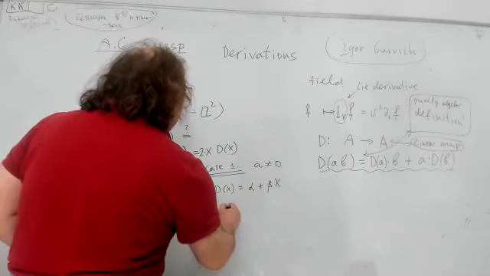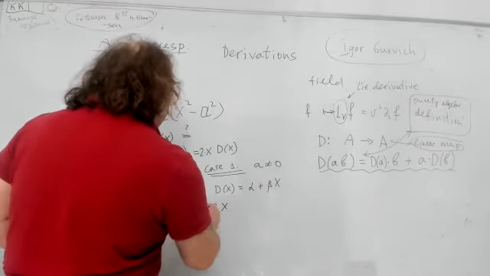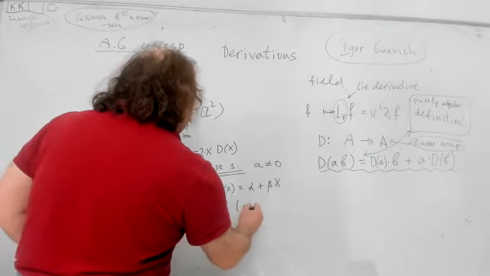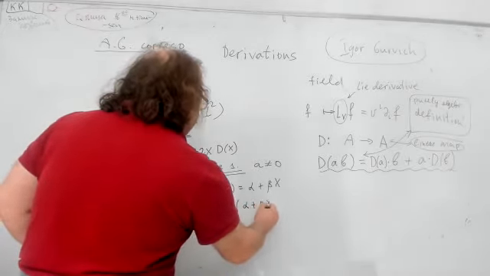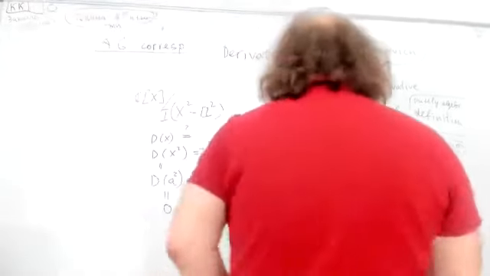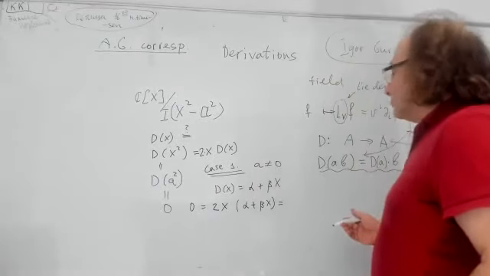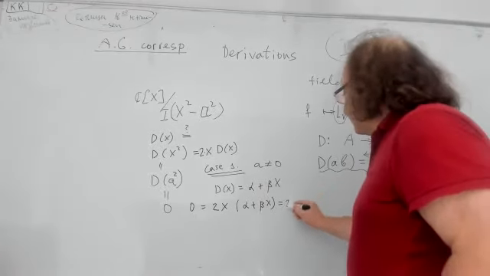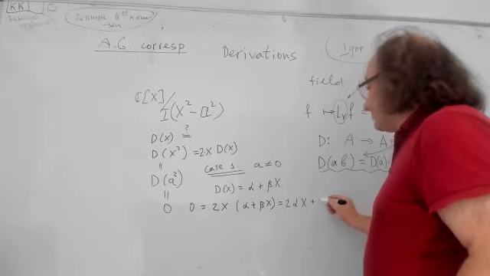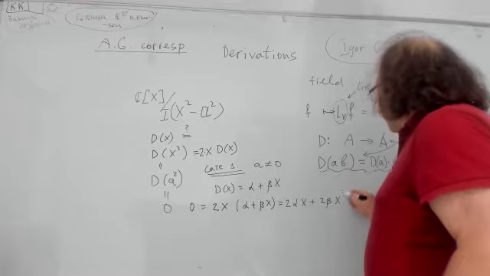And we will get that 0 should be equal to 2x times alpha plus beta x. So what can we conclude? It is 2 alpha x plus 2 beta x squared.